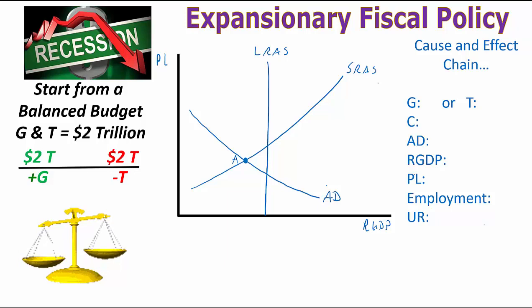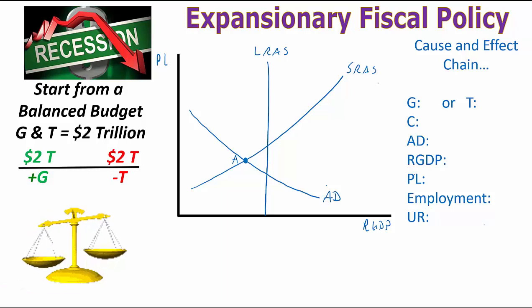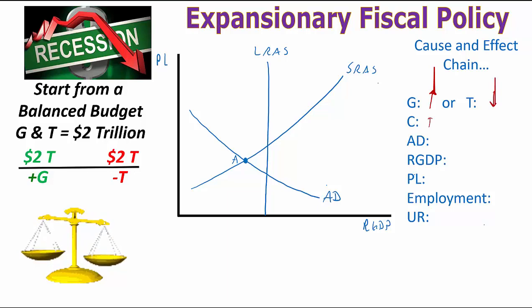All right, so at point A, we're in a recession. So what we just discussed is we will increase government spending or we will lower taxes, either one of those in order to increase aggregate demand. Now, when we lower taxes, consumption spending will increase, and so aggregate demand will increase.